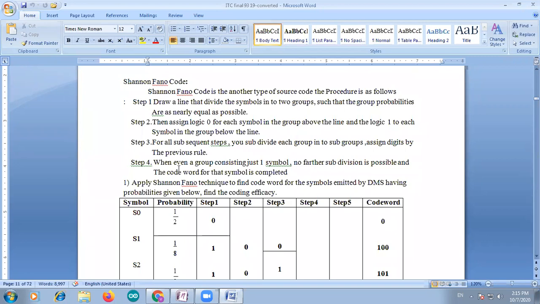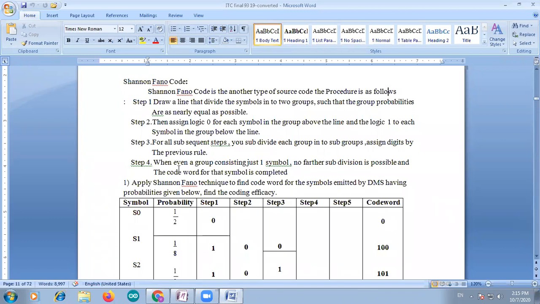Group probabilities are more or less equal. If one group probability is 0.5, the other group probability should be 0.5. If one group probability is 0.4, the other is 0.6. In that case, it is more or less equal. The equal case is 0.5 and 0.5. If not, 0.4 and 0.6 is also considered more or less equal.